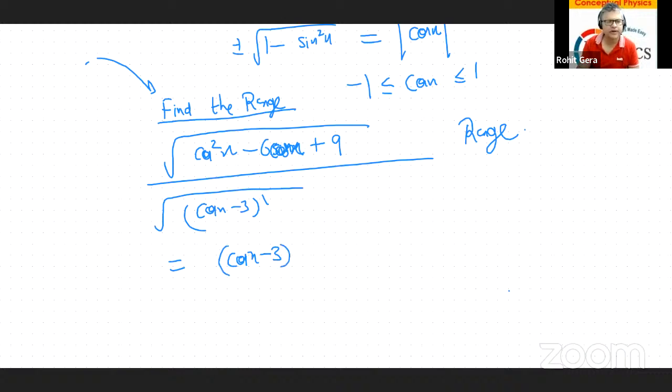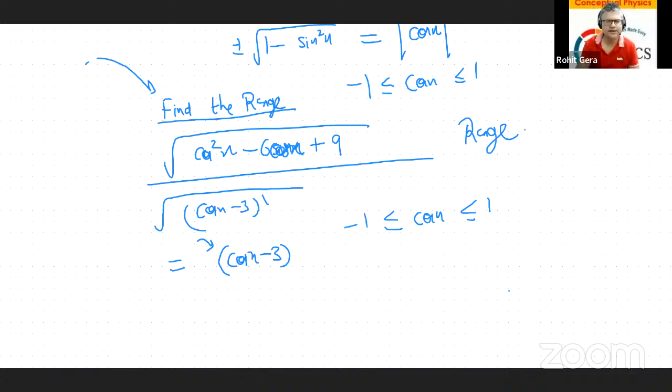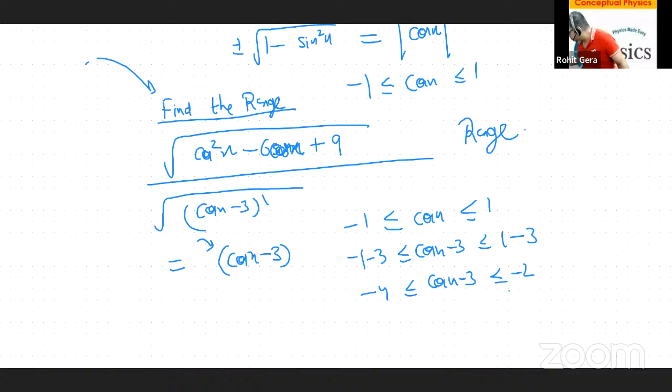Now you know cos x is between 1 and minus 1, so subtracting 3 gives the answer. Got it? Yes, sir. Okay.